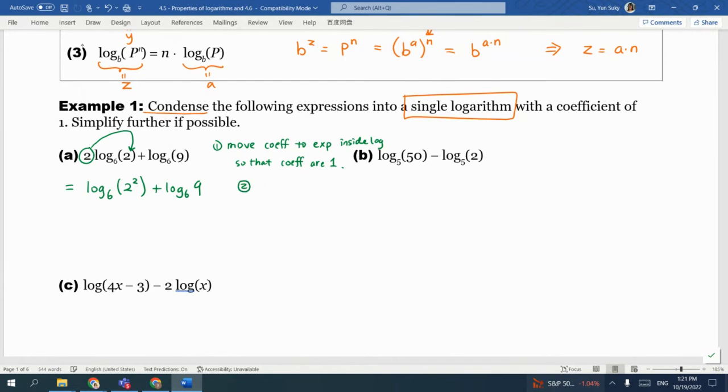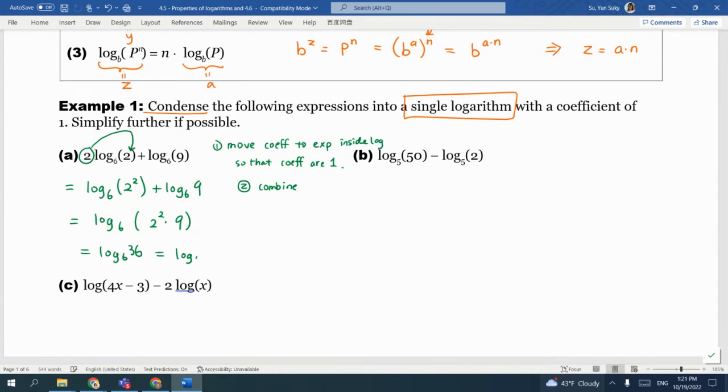Yes. And second, we combine. The sum becomes product or quotient? Products, right? The sum becomes products. So we have 2 squared times 9. What's 2 squared? 4. 4 times 9 is 36.